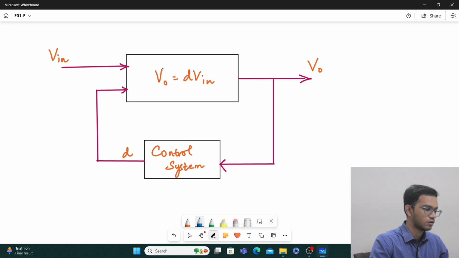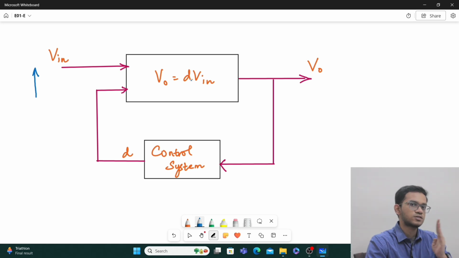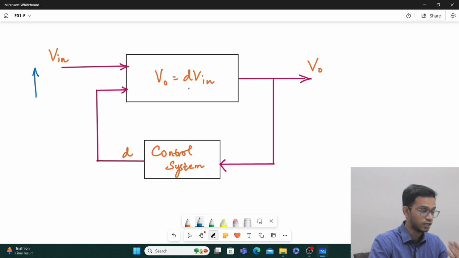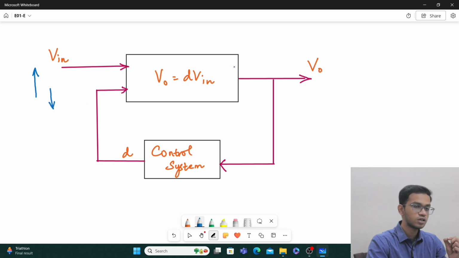For that level, you will get the desired output. If the input voltage increases, then you will have to decrease your duty ratio so as to obtain a constant output voltage. On the other hand, if your input voltage decreases, you will have to increase the duty ratio accordingly to get the desired output voltage.